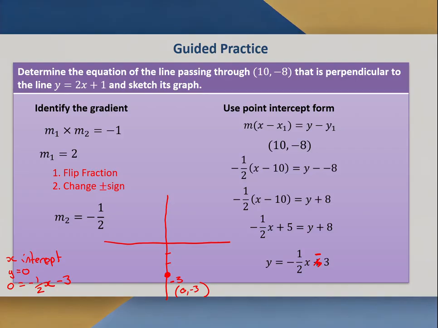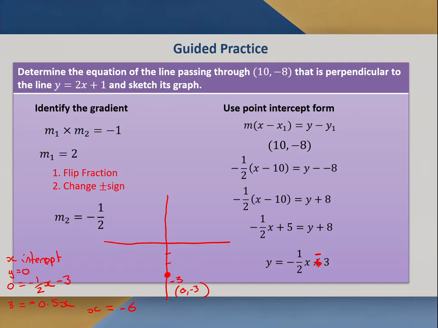We would add 3 to both sides, so we would have got 3 is equal to negative 0.5x. The final part is to get x by itself. To get x by itself, we'll be dividing by negative 0.5, and that gives me x is going to be equal to negative 6.